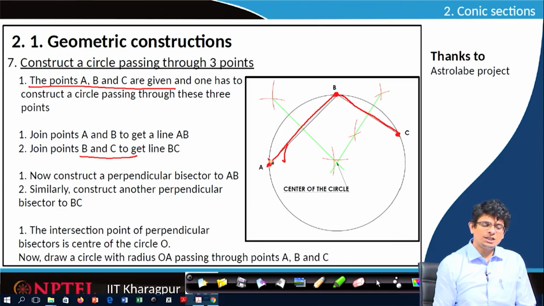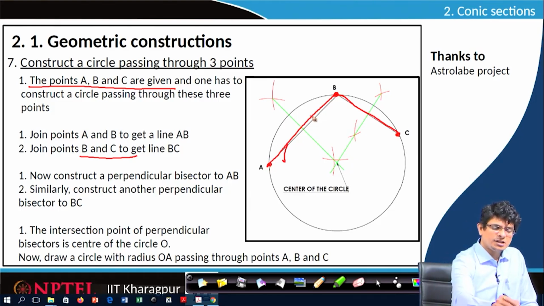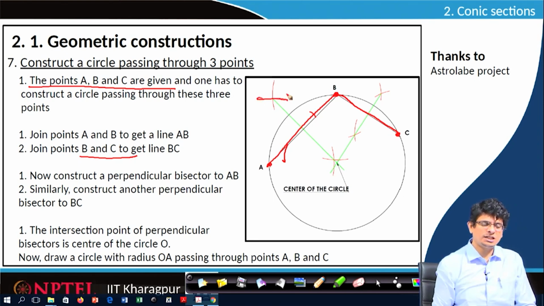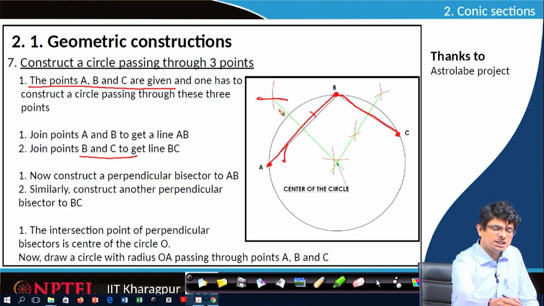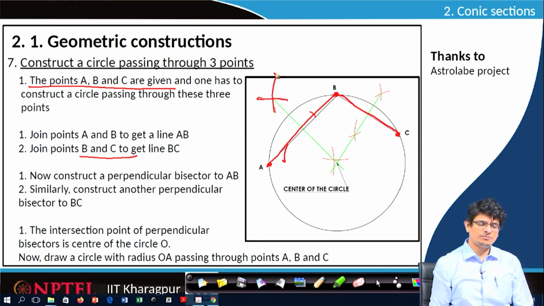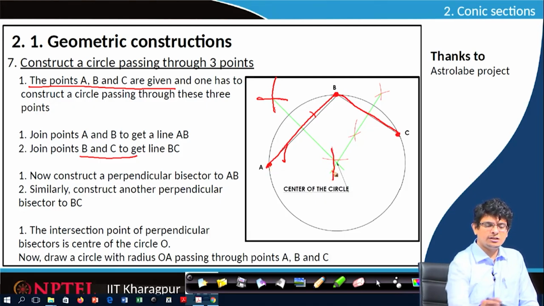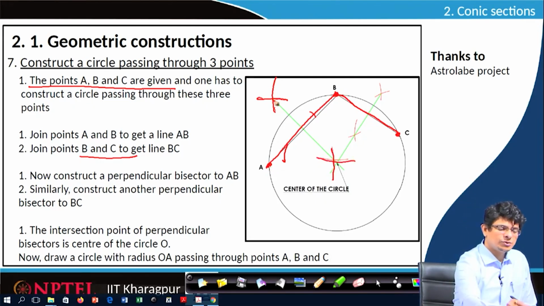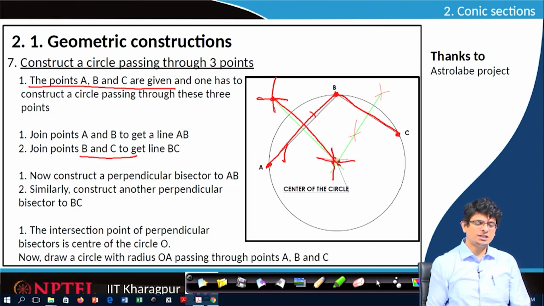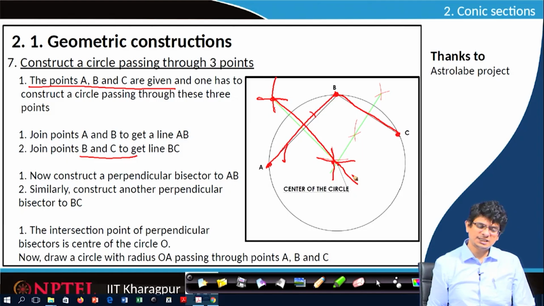The way we have constructed bisecting AB, use A as center, radius greater than half of AB, and mark an arc. With the same radius from B, mark another one. Similarly, from A, mark an arc, and from B with the same radius, mark another arc. Once we know these points, join them. We know this is the perpendicular bisector, draw it as an extension line.